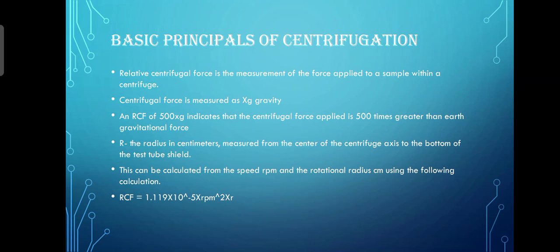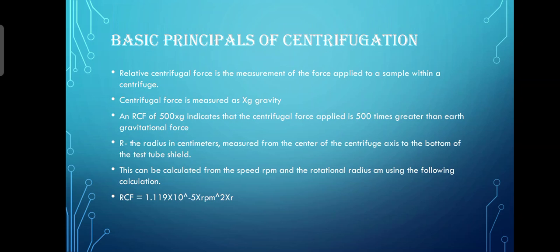Relative centrifugal force is the measurement of the force applied to a sample within a centrifuge. Centrifugal force is measured as g or xg gravity. An RCF of 500 xg indicates that the centrifugal force applied is 500 times greater than Earth's gravitational force.